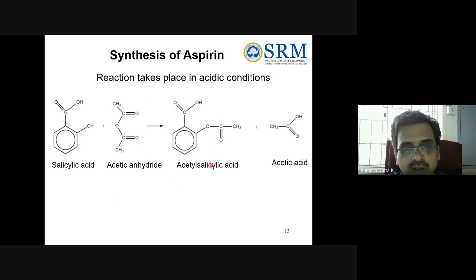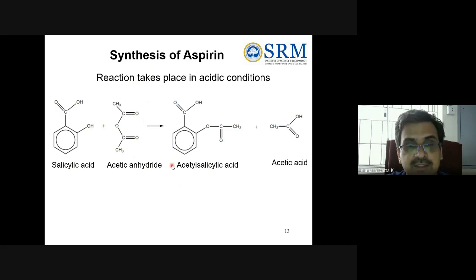Now, how does this reaction take place? You synthesize aspirin in acidic conditions. You take salicylic acid and acetic anhydride. You all know acetic acid. You replace the H of the OH with an acetate group. Acetic anhydride has two carbonyls, so you can replace one hydrogen with one acetate group.